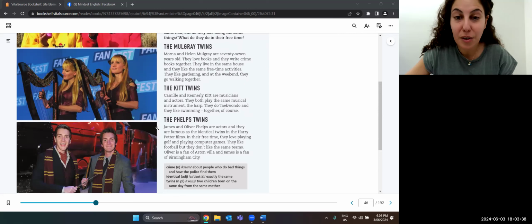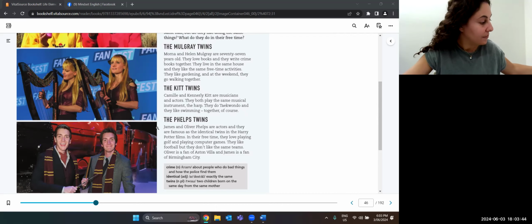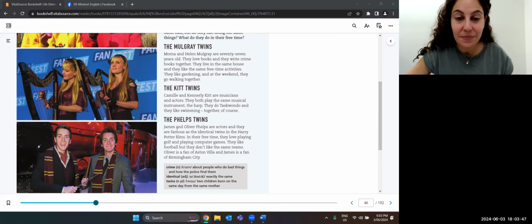The Phelps twins. James and Oliver Phelps are actors. They are famous as the identical twins in the Harry Potter films. In their free time, they love playing golf and playing computer games.